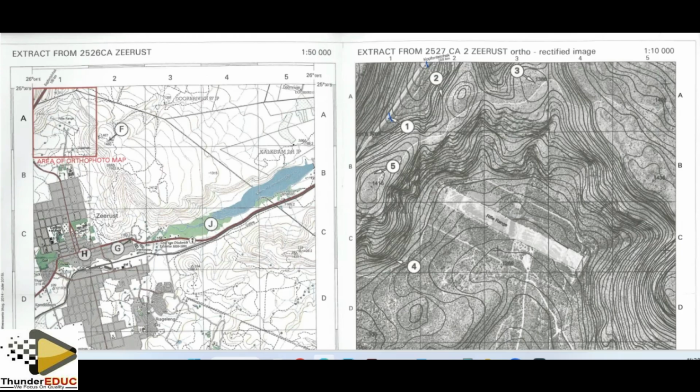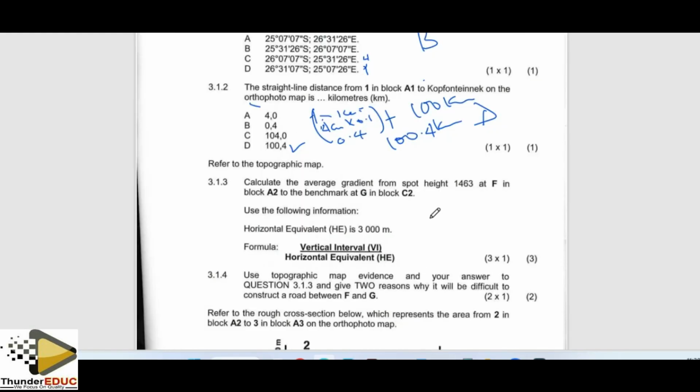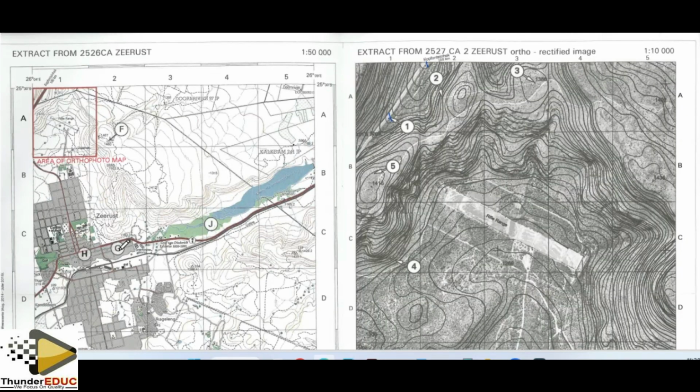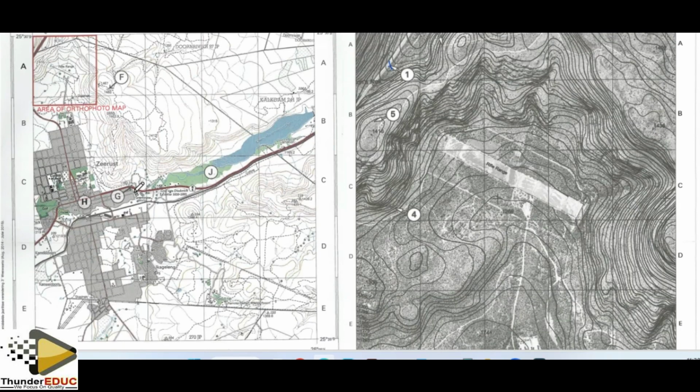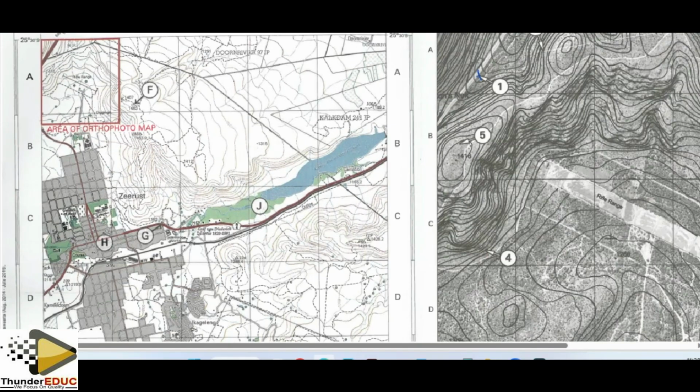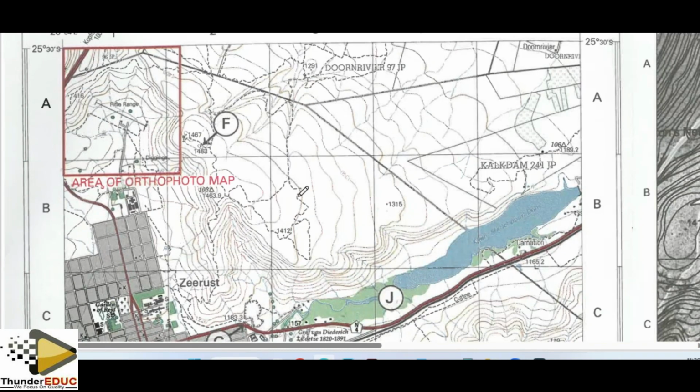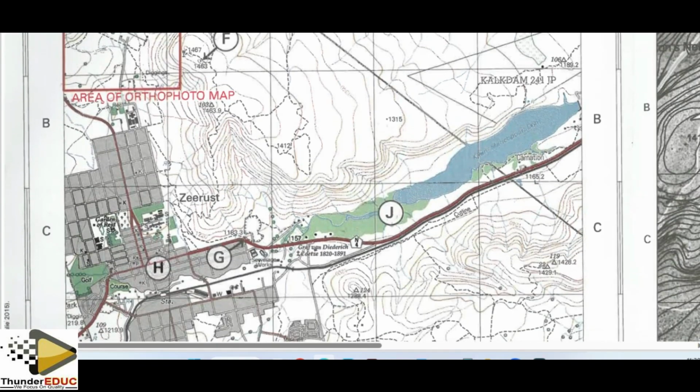And to the benchmark? The question says to the benchmark, and where is the benchmark? What is the height of the benchmark? They say the block is C2 at G. When you check, G in C2, the area is here. Sorry, it's not clear, but I'll try to zoom in and see. Then you'll find out that the benchmark is here.